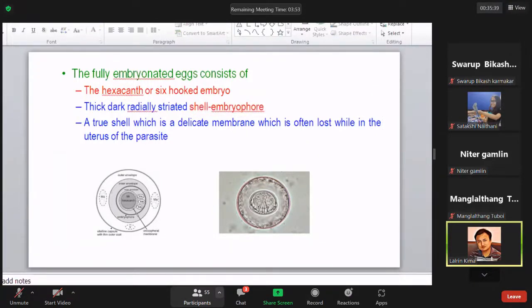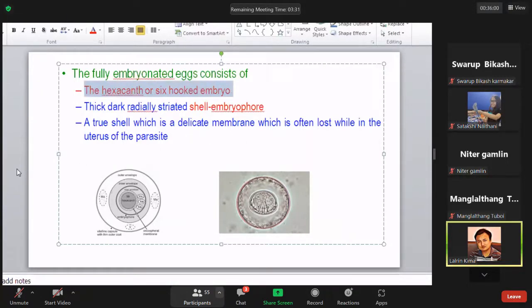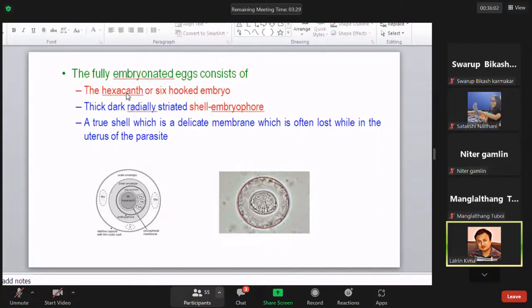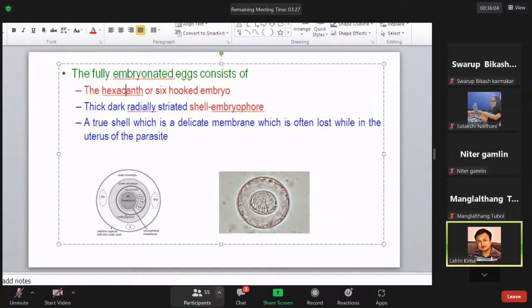So the differentiation of tapeworm egg from trematode egg is that the trematode egg is operculated, whereas the tapeworm, especially eucestoda, has hooks. That's why we call it hexacanth embryo. That means there are 3 pairs of hooks. Hexa means 6. Hexacanth embryo.